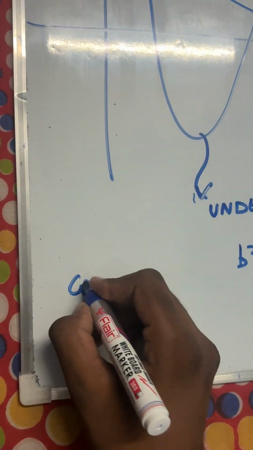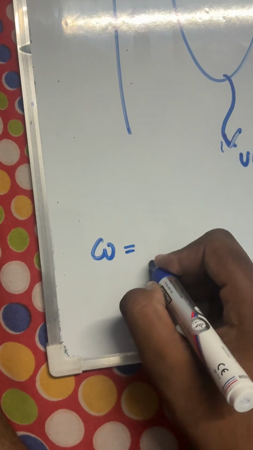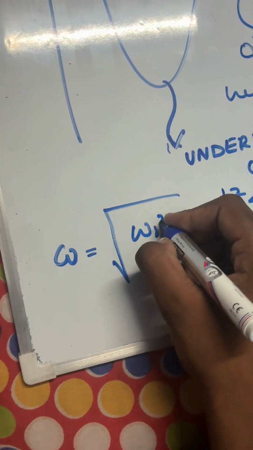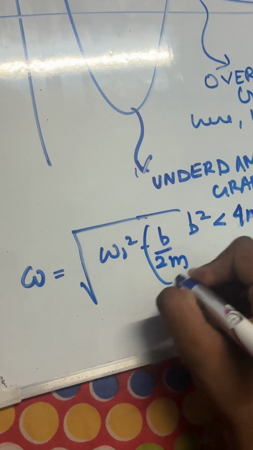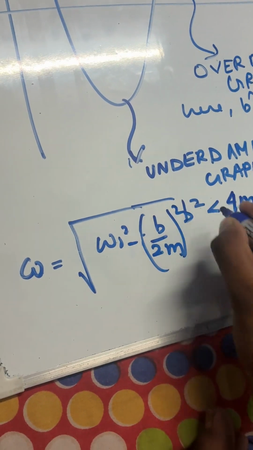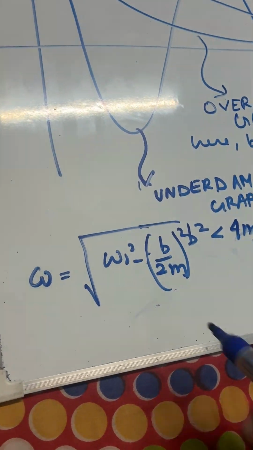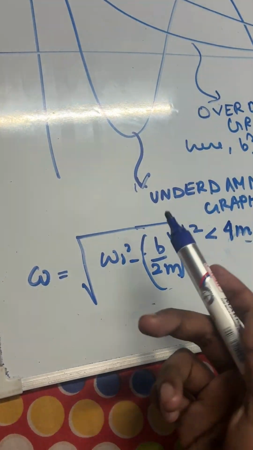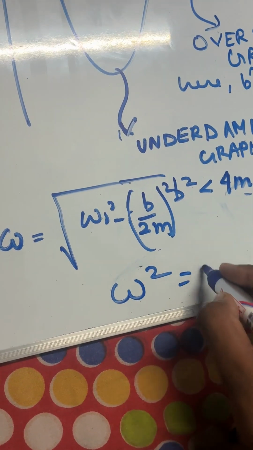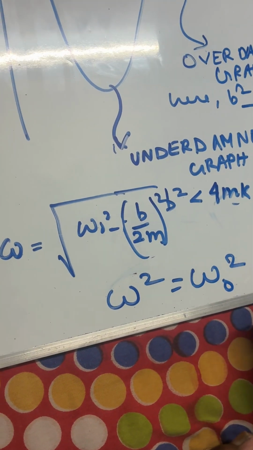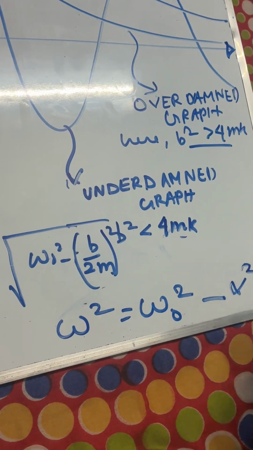The angular frequency of this damped harmonic oscillation is the square root of omega naught squared minus b by 2m squared. I'm telling you, this is the solution of the differential equation of damped oscillation. Generally omega squared equals omega naught squared minus alpha squared, right?